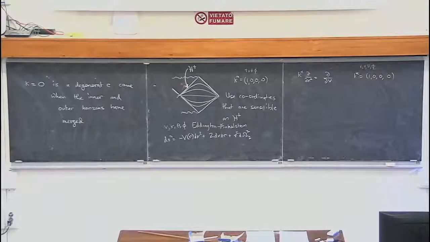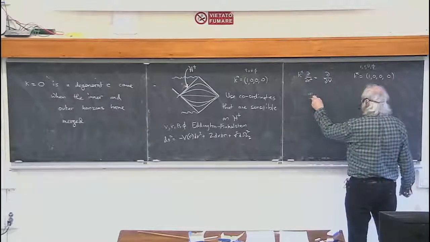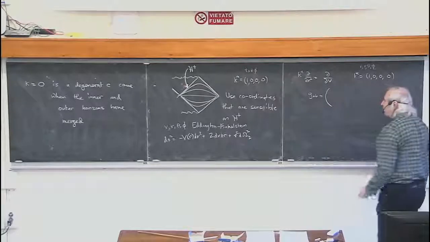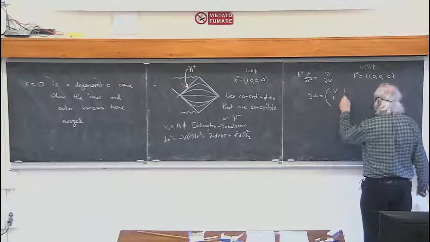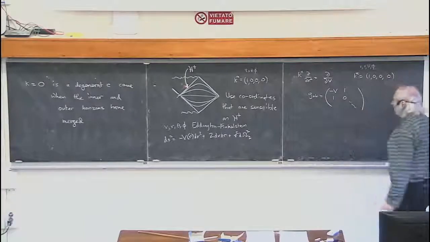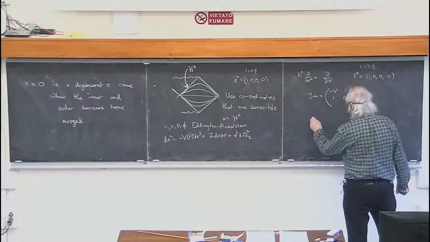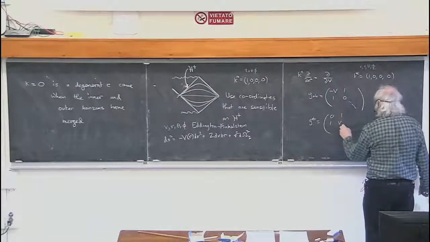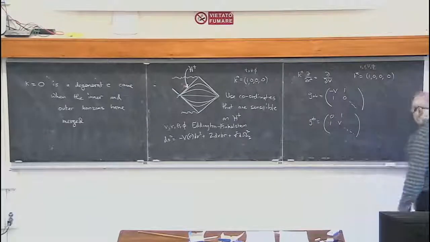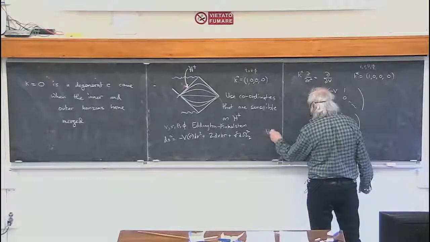But we need to know what it is with the downstairs index as well. Gab, the metric tensor, is equal to minus v, 1, 1, 0, and some junk down there that we don't care about. The inverse metric, Gab with its indices upstairs, is 0, 1, 1, v, and some junk down there that we don't care about. And v is, of course, 1 minus 2m over r.